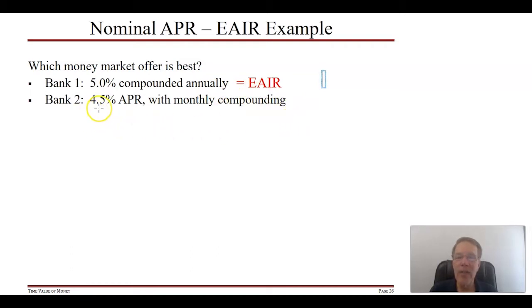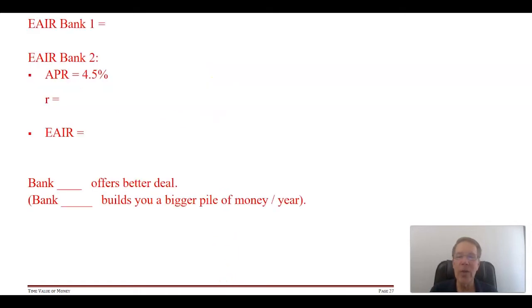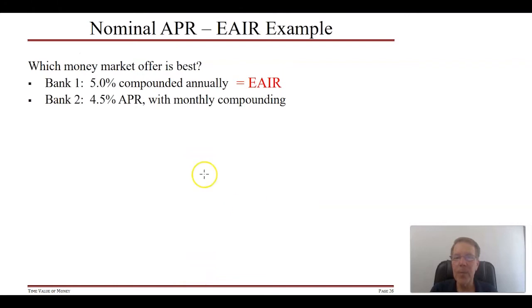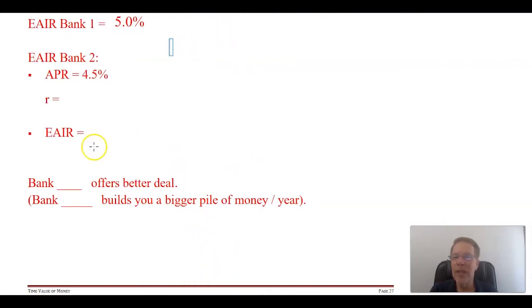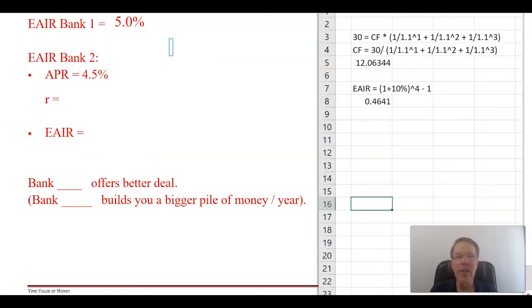Okay, so Bank 2 has 4.5% APR with monthly compounding. What we want to do for this one is get the equivalent annual interest rate so we can compare it to Bank 1. So the EAIR for Bank 1 is equal to 5.0%, as we just said. And for Bank 2, let's bring our Excel back into the act again here.